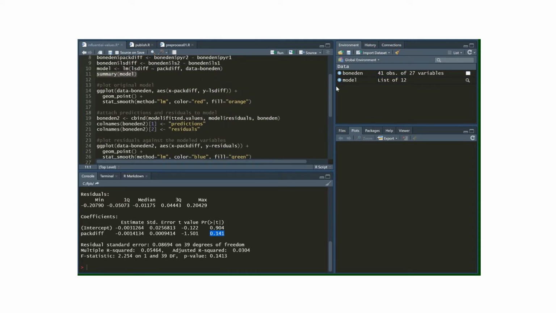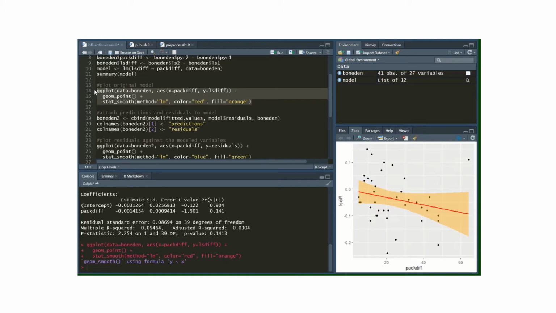If we plot those results, we can see that we do have a negative sloped line, but you can see from the confidence intervals that are colored in orange that it's possible that you could have a slope here that would be positive going across these data.